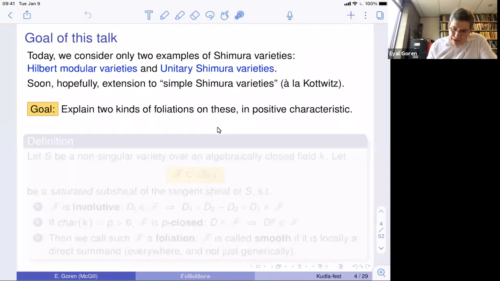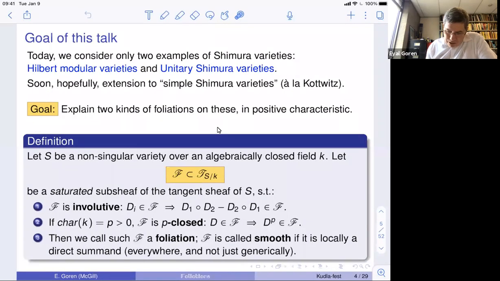So to begin with, let me define what a foliation is. Let S be any non-singular variety over an algebraically closed field K that could be of characteristic P or 0. The first requirement: a foliation is a subbundle F of the tangent bundle T of the variety. Now, the tangent bundle, if we think about it as a sheaf of derivations, has the structure of a sheaf of Lie algebras.